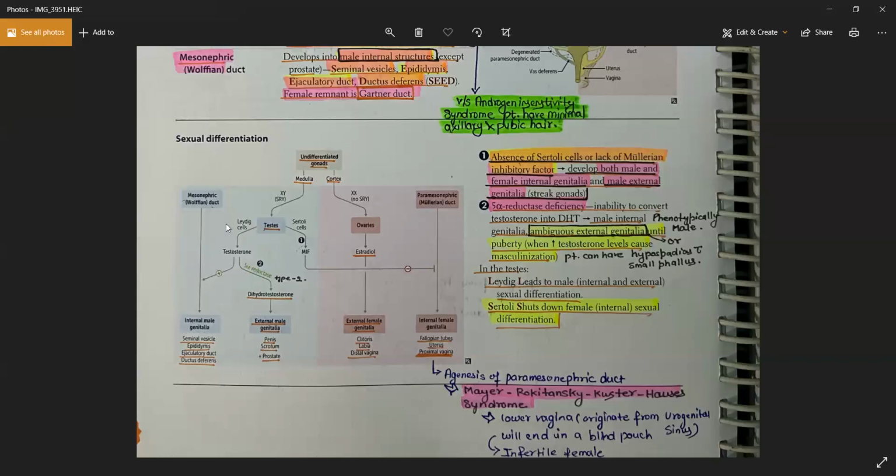So in the puberty only, you can have a sufficient conversion of this testosterone into the dihydrotestosterone, and at that point, you will be able to know that your baby was a male baby, not a female baby. Okay. So they are the males which were raised as a female up to the puberty, but after the puberty, their parents realize that they're actually male, not a female.